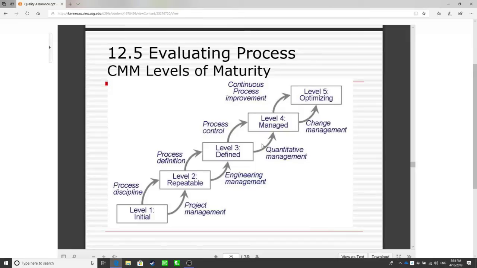Remember, what is CMM? It's a maturity level. So it's regarding the evaluation of the process. So who wants to know the evaluation of a company's development process? Yes, exactly.